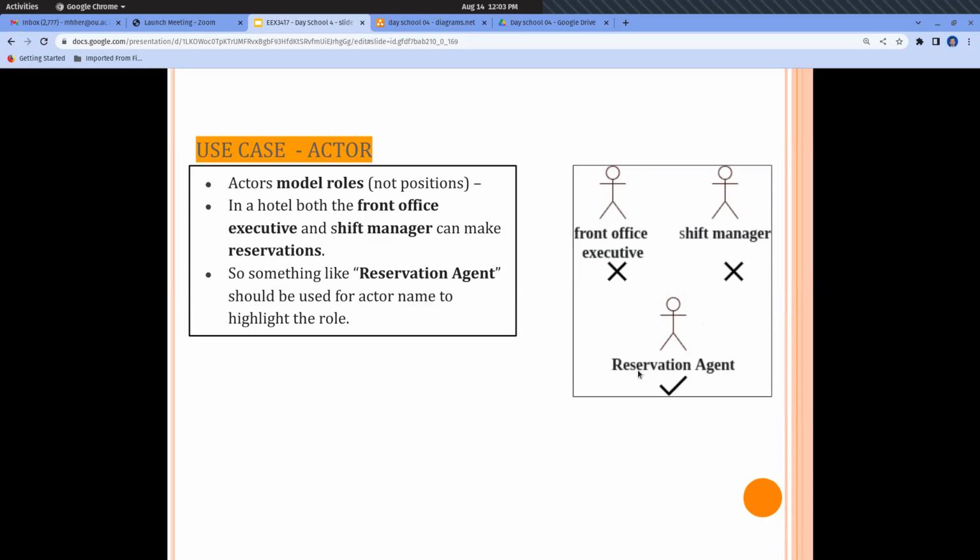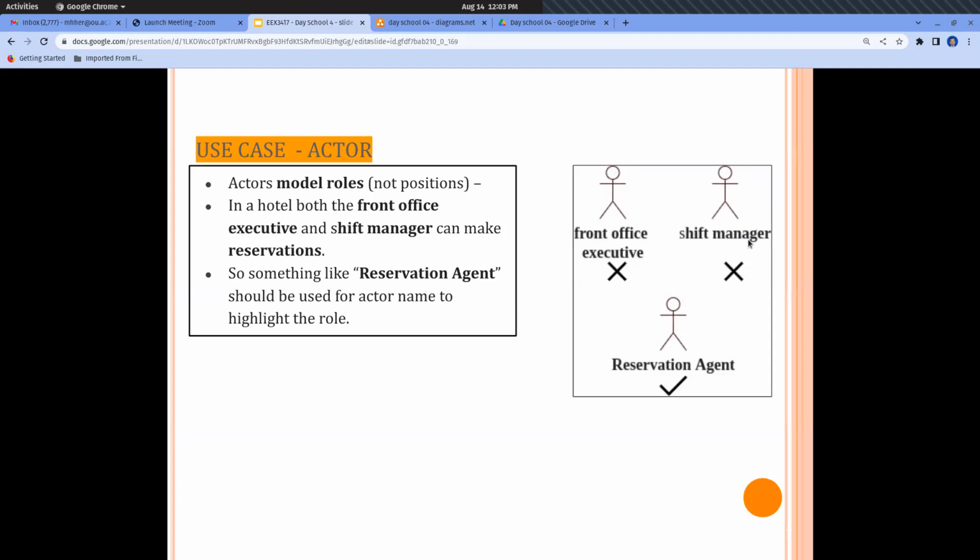We have to write reservation agent, because both the front office executive and the shift manager can reserve, and therefore we should write the common name.